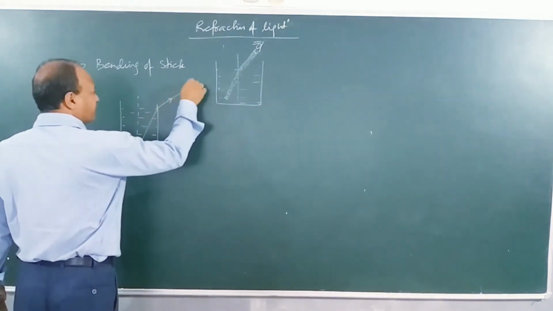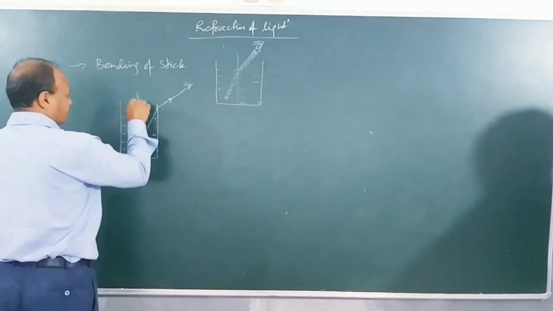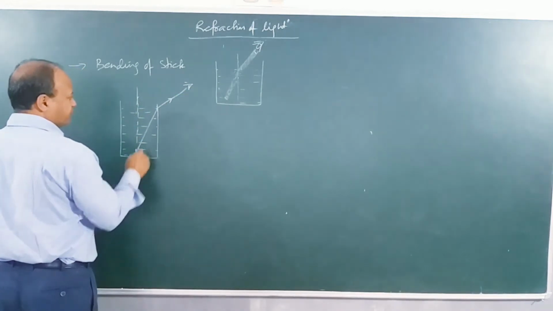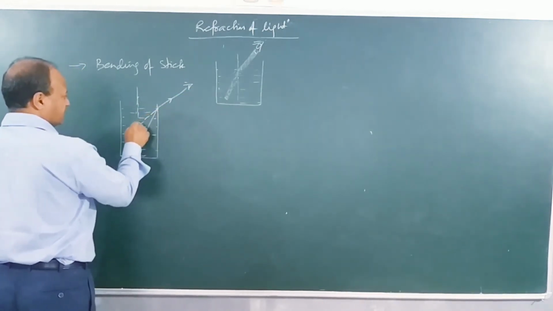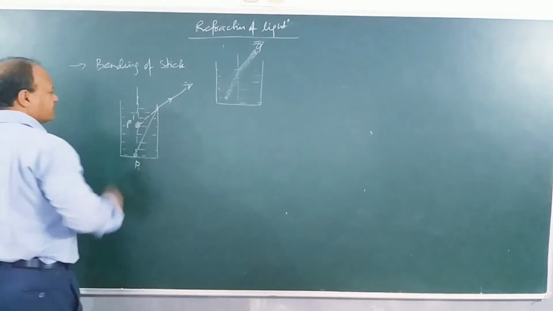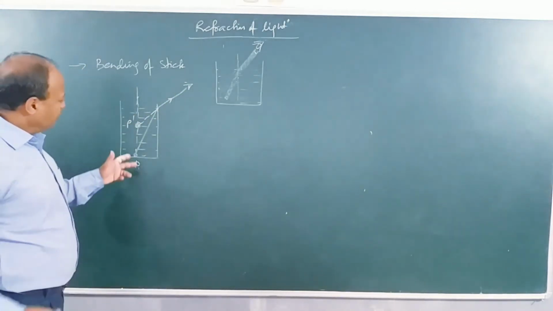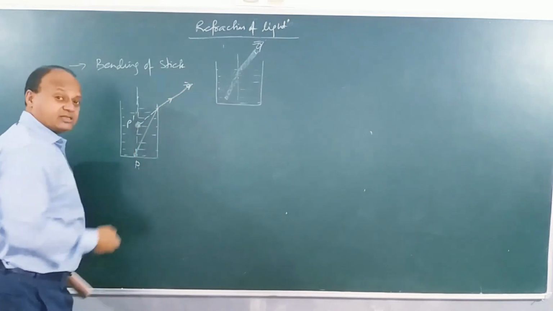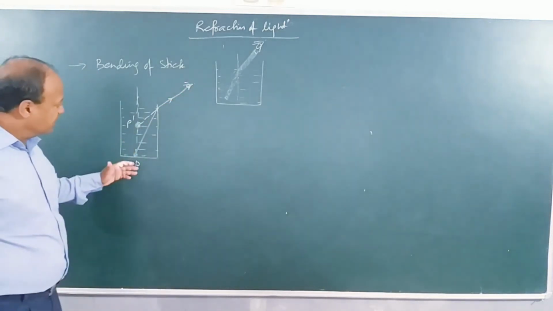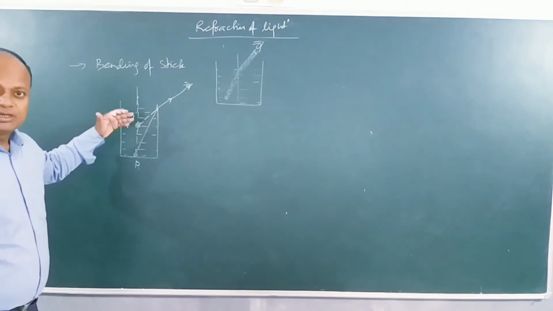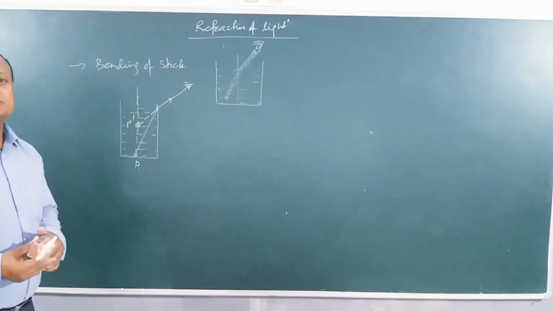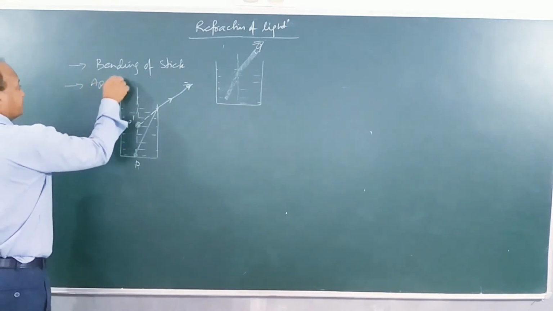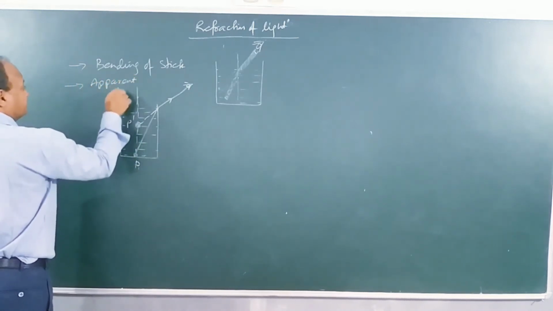When you see from here, you find that the coin is not here at position P. It is at position P dash. You will not be able to see P. You will be able to see P dash. You will find that it has been elevated. This is an important concept. We call it apparent depth.